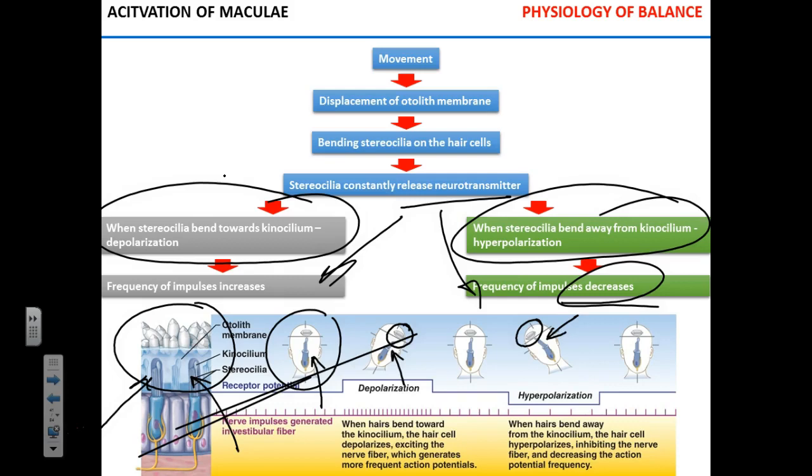What's going to happen to hair cells in the other ear? They will hyperpolarize. Because think about this: they are symmetrical, they are mirror-like. So if in one ear, stereocilia bend towards kinocilium, in the other, they will bend away. Does that make sense?